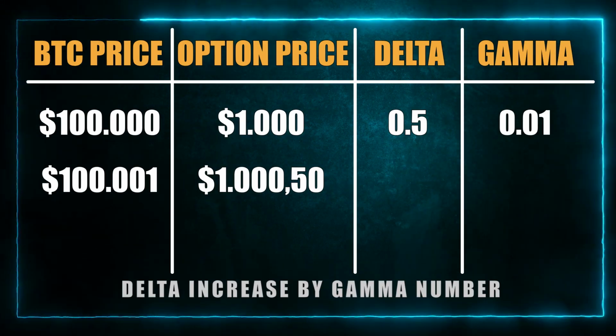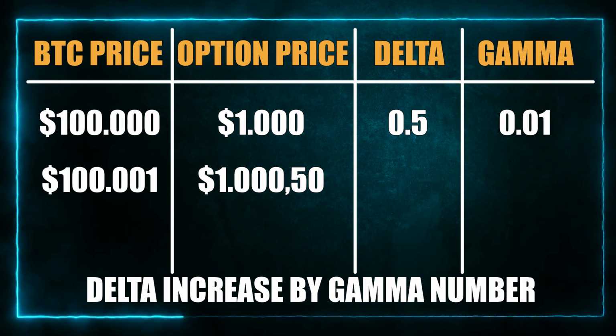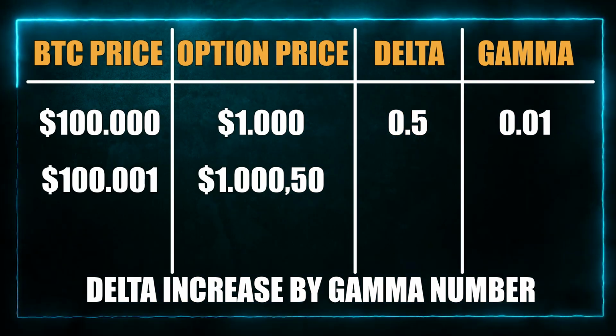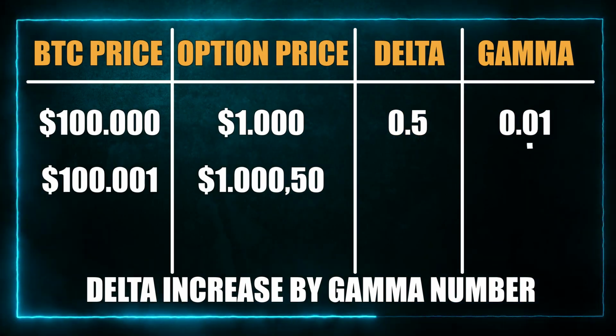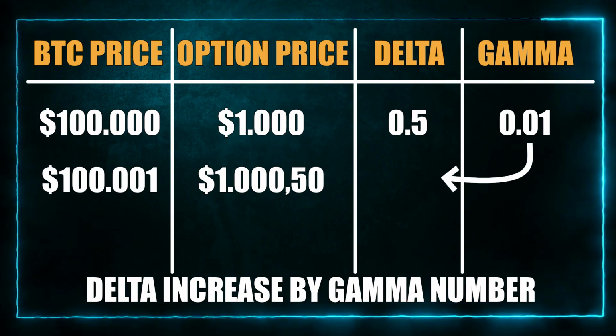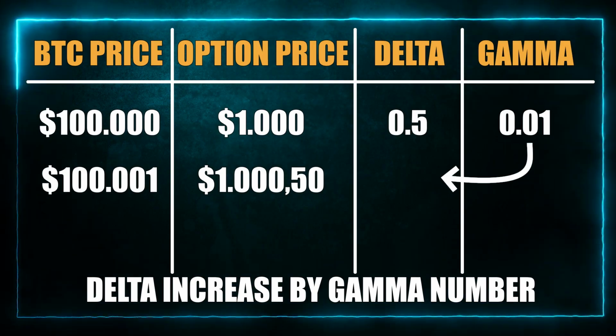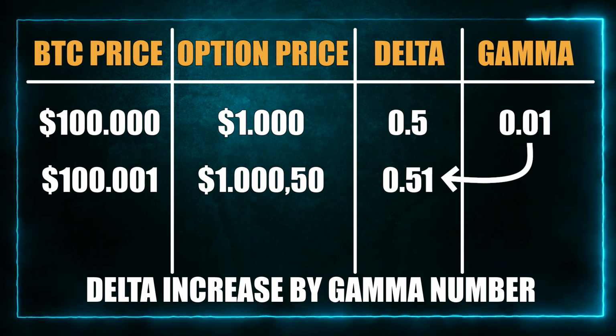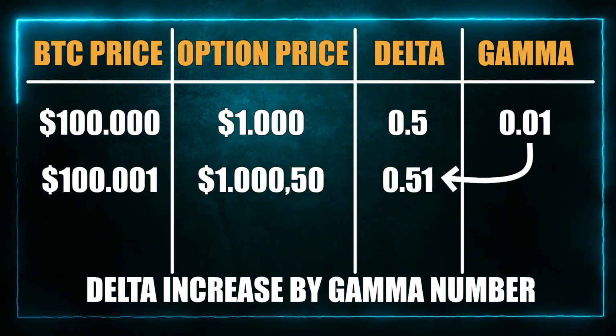The gamma for the option, which is 0.01, will affect delta. So with a $1 price move in Bitcoin, delta will add the value of gamma. The initial value of delta was equal to 0.5, and after the Bitcoin price moved by $1, delta added the value of gamma.